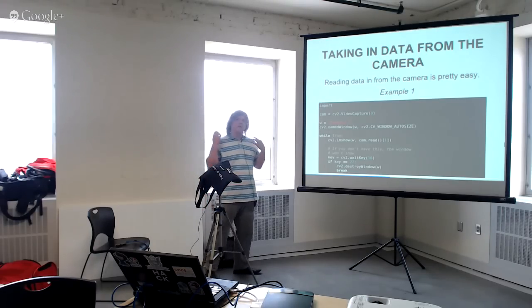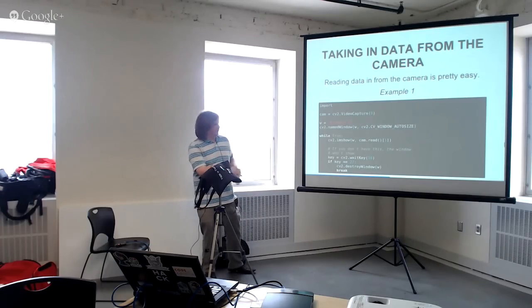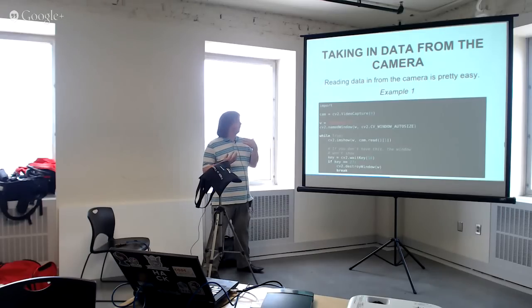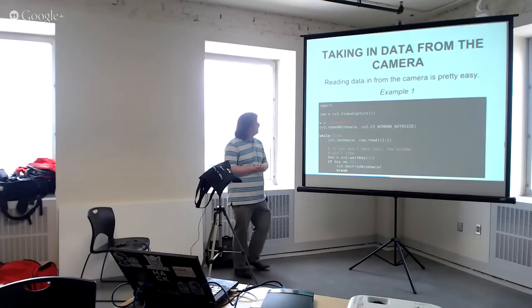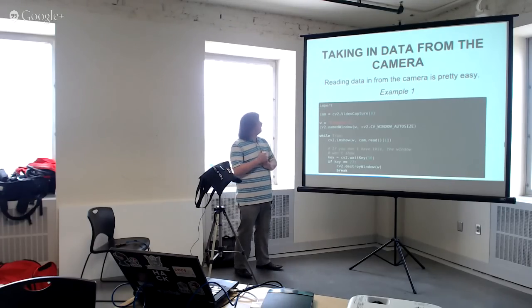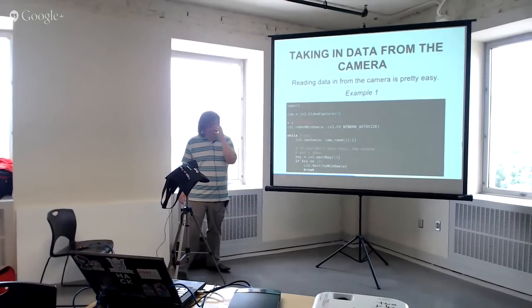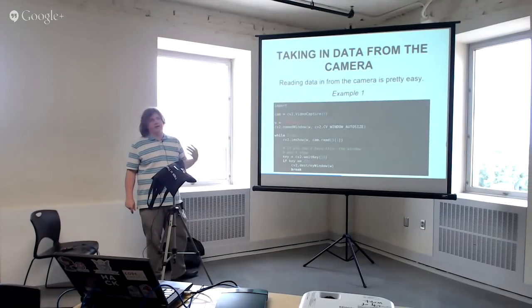I wanted to give you how I built up my project in a series of examples that builds up over my slides. The first thing, if you're reading from a camera, you use OpenCV to do that. It's pretty easy. So you import the OpenCV library, and then you make this call, VideoCapture, and it takes in an integer, and basically this represents the camera that's connected to your machine.